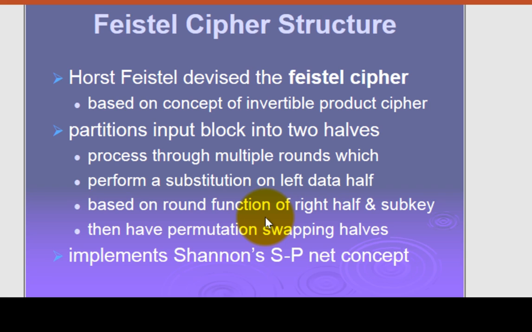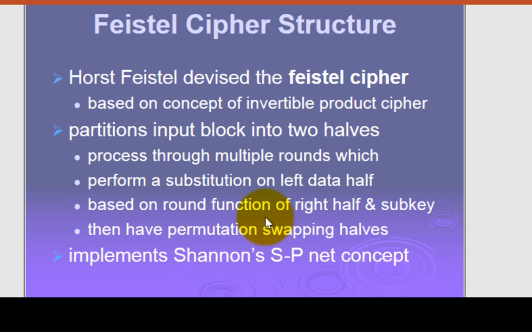The left half is directly swapped to the right half for the next round, whereas for the right half it generates a function, called the round function, with the input of the right half, and it is exclusive ORed with the left half data.